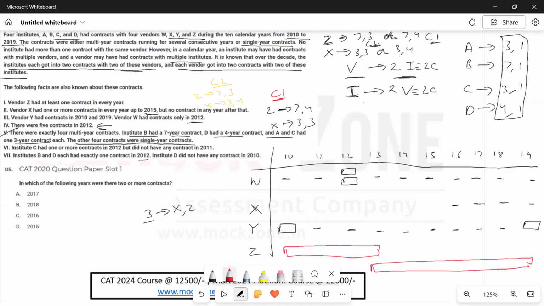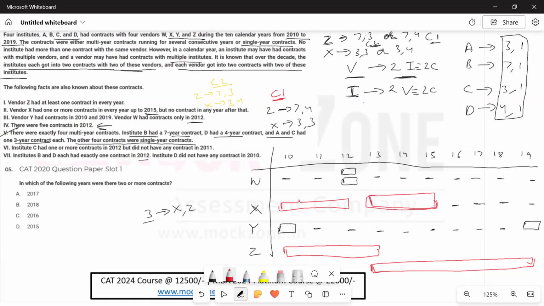This is one possibility in case one. So we see that the overlap is in 2013, and the X will have 3 years ka contract, one from 2010 to 12, and then the other from 2013 to 15. So this is case one ka first case.